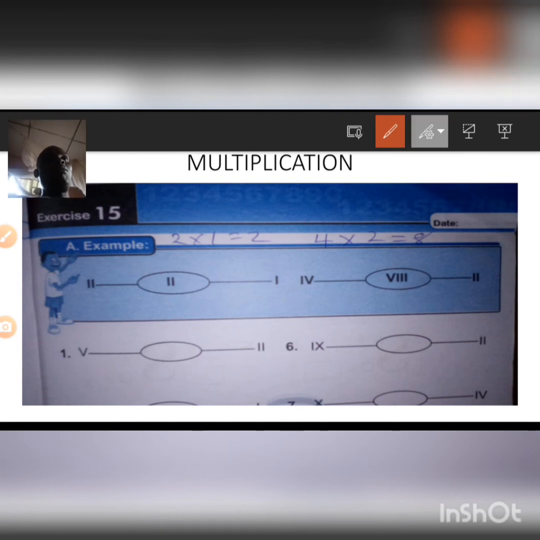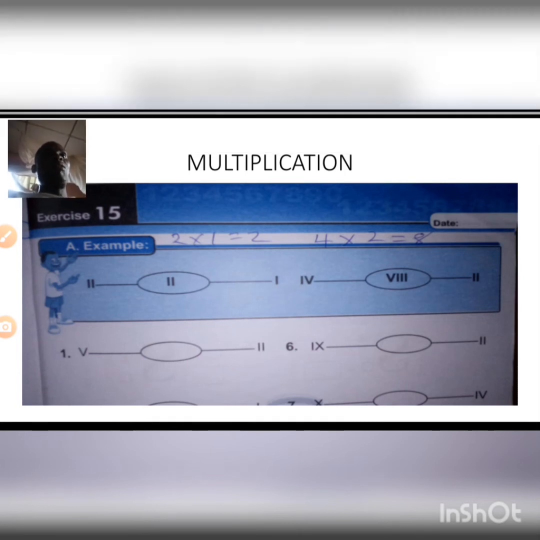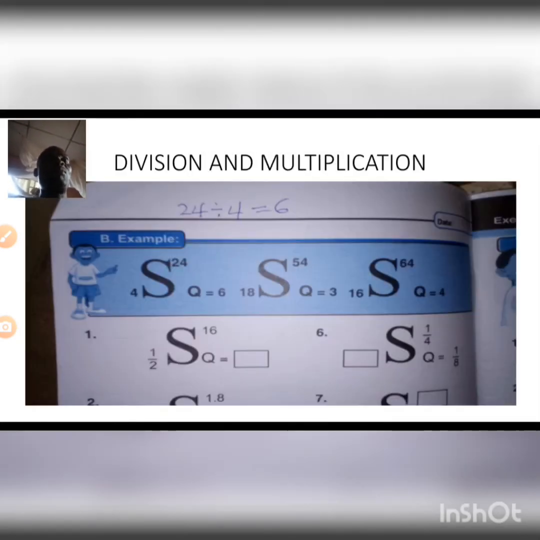Okay, now let's look at the second example here. In the second example, we have an S and a Q. The S has 24 on top, 4 at the back. Q is equal to 6.